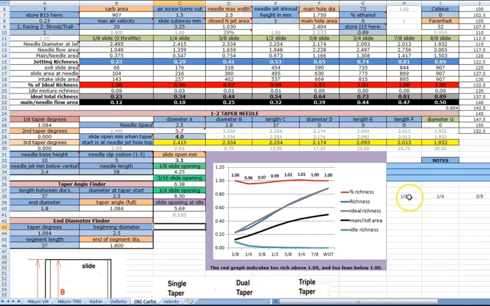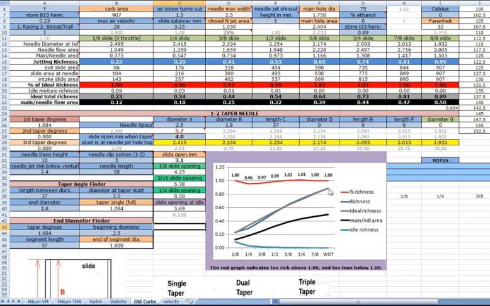So, make sure you get the main jet right. When you've got all the information in, you put this number right there so that the gray graph matches that richness right there.